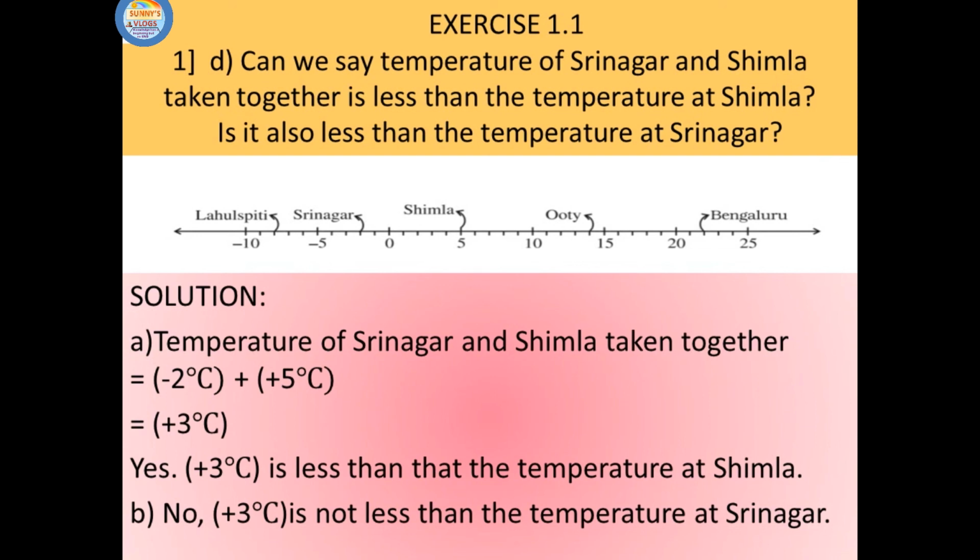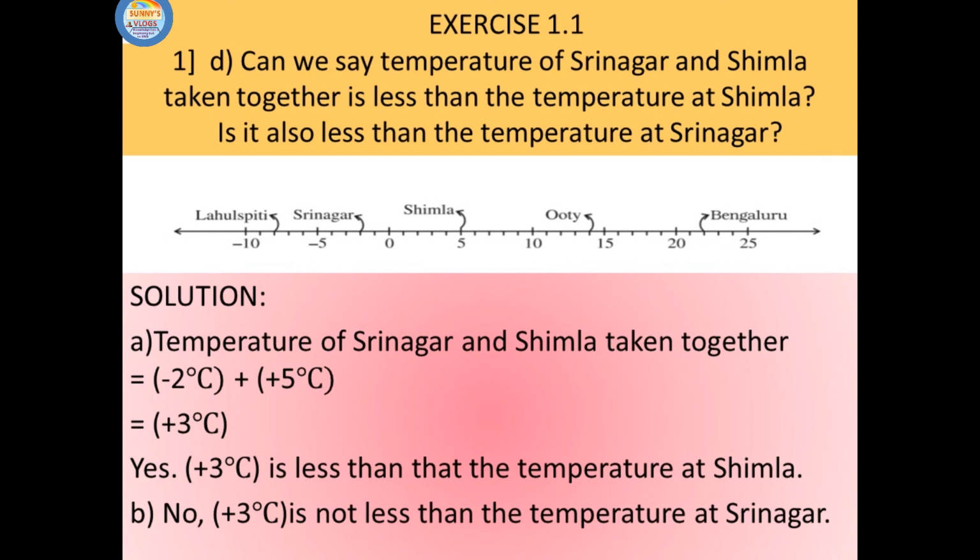So 5 degrees Celsius is having plus sign, so the answer will get the plus sign. Therefore, we can say that plus 3 degrees Celsius is less than the temperature at Shimla, isn't it? Because Shimla is having the temperature of plus 5 degrees Celsius and the answer what we get is plus 3 degrees Celsius.